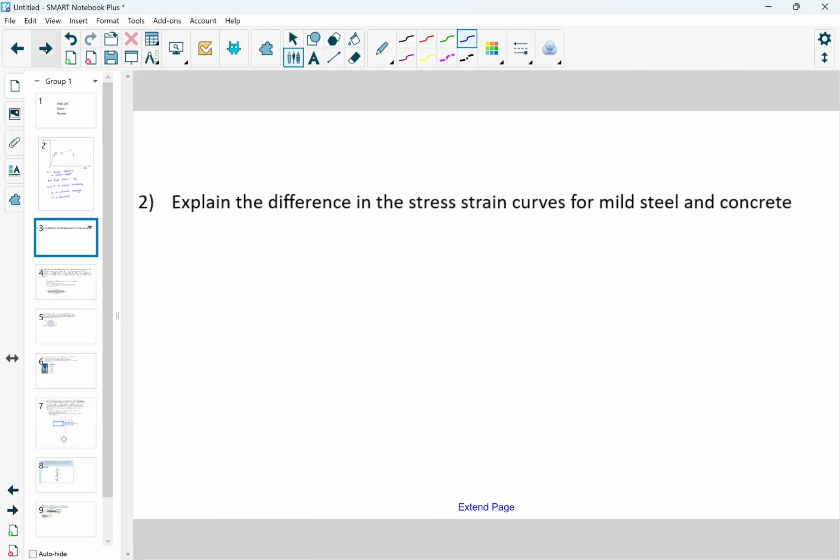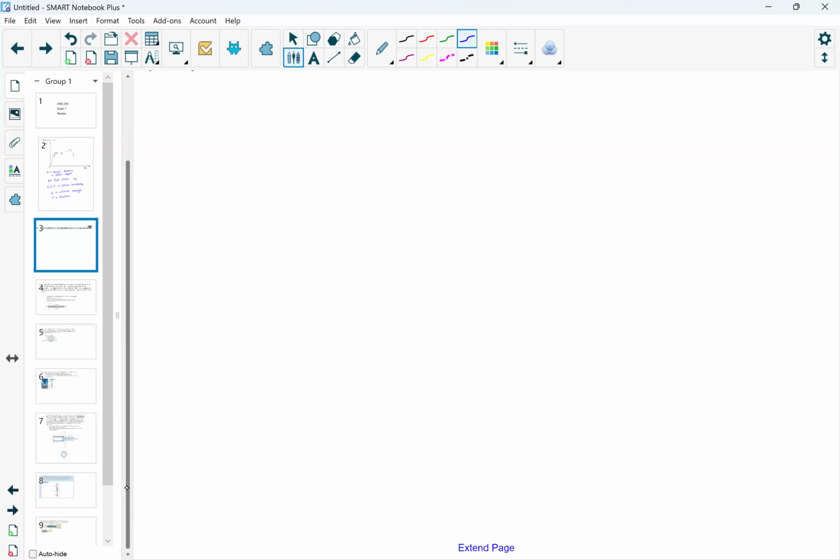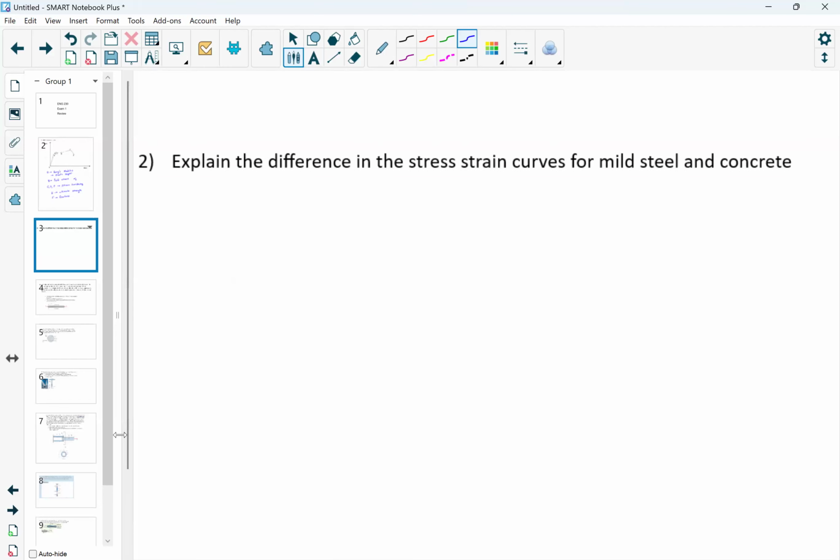So next I ask about the difference between the stress strain curves for mild steel and for concrete. So Tyler just properly identified the last one we had, which is for our mild steel. And the key is the mild steel has this little bump here before it fractures. So this would be my mild steel.